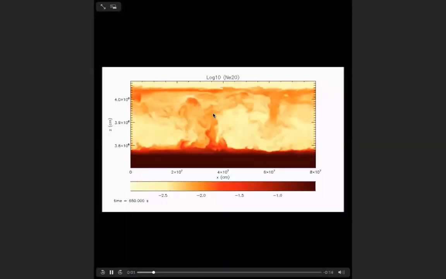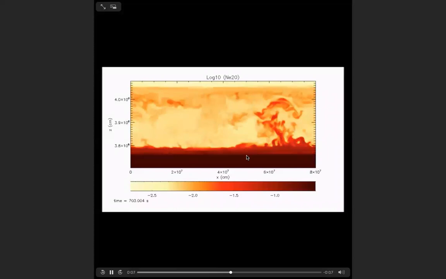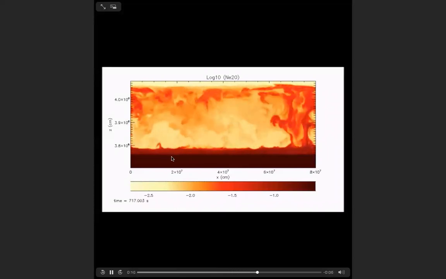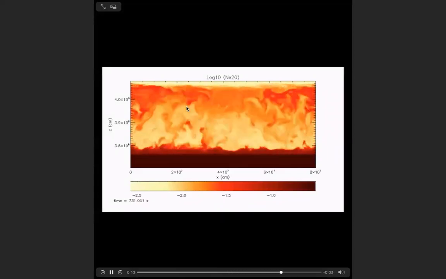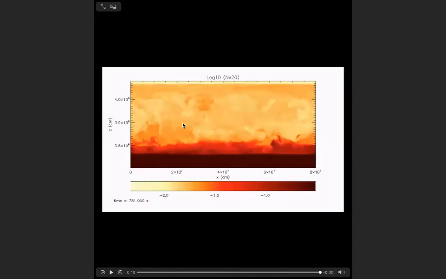So I'm going to click here and start this movie. Okay, so you can see this is a box simulation. This is just a fragment of a region near the interface of the hydrogen-rich envelope during the explosion.